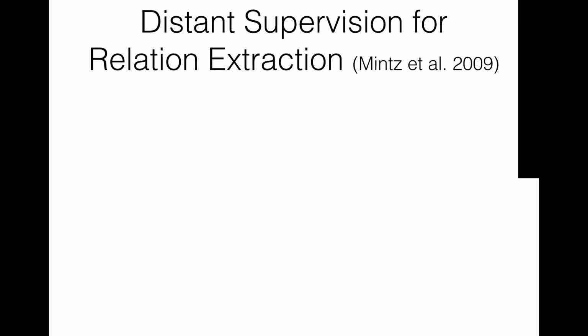So if the sentence is Barack Obama was born in the United States, then the relation here will be something like was born in. So there is no set of relations that we're interested in because it's unsupervised. All you can do is to basically extract spans of entities and the string of relation that lies between the entities.